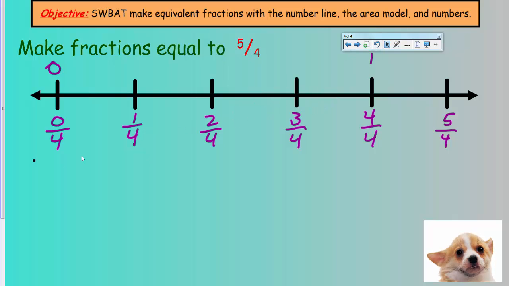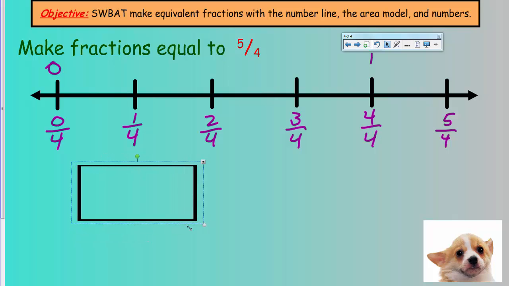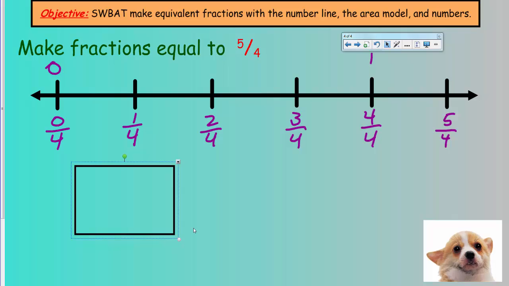Okay, so now if we pull up our area model, you can see that we're going to want to break this into fourths here. So let me go ahead and start to do it this way. So I can make this a little bit longer. Or was it the square to begin with? I wasn't sure.